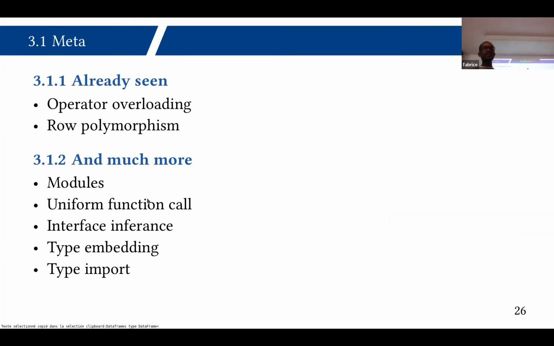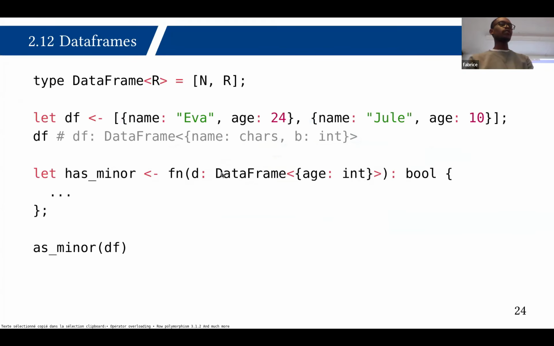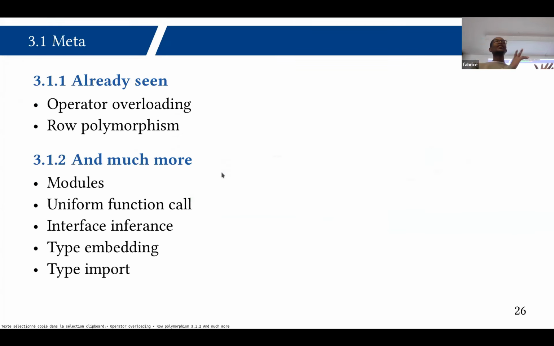So for what we've seen until now, we have already seen the operator overloading, and the concept of row polymorphism is what we have done with data frame. So those are barbaric words, so you don't really need to learn them. Just retain the cool stuff, okay? So now we also have a possibility to work with modules. We have uniform function call, interface inference, type embedding, and type import.